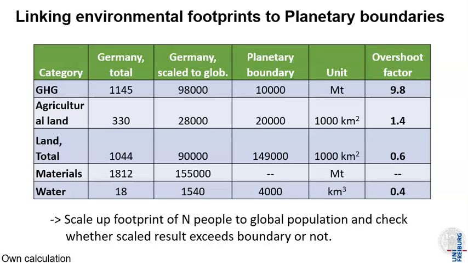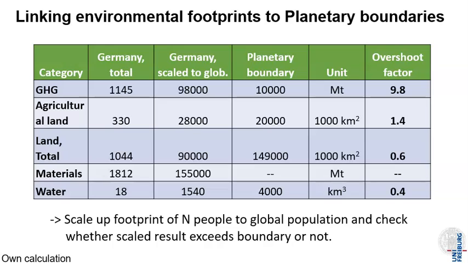For the total population in Germany, we have, for example, in the year given here, a total of 1,145 megatons of greenhouse gases or CO2 equivalents, and certain units for water, materials, and land use. Now, assuming that everybody on the planet has the same consumption level as we here in Germany, we can scale up the German footprints to the global level using the current population.